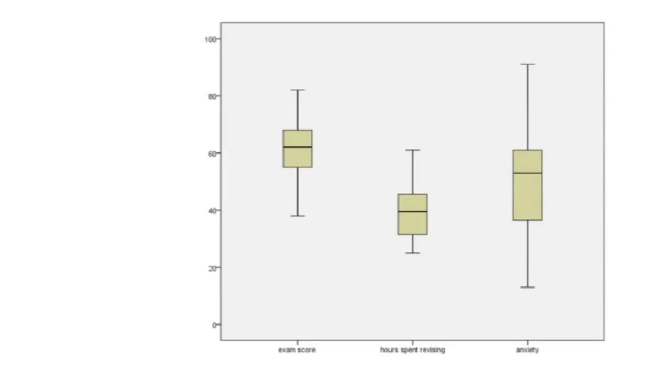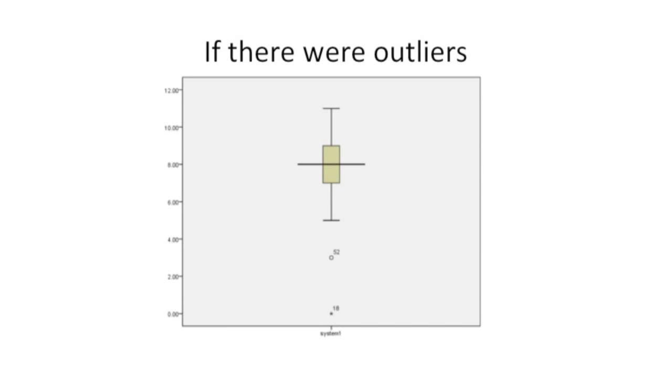Also, when the box plot is done for each variable, you can see whether there might be outliers or not. Potential outliers are indicated in a box plot by a circle, either filled in or not filled in, and an extreme score by an asterisk. And we can see that that's not the case in this particular data set.